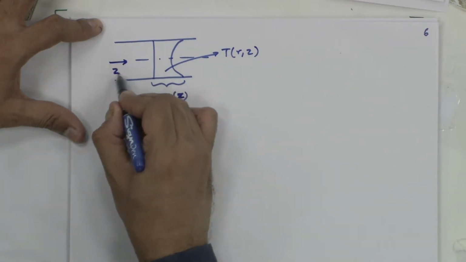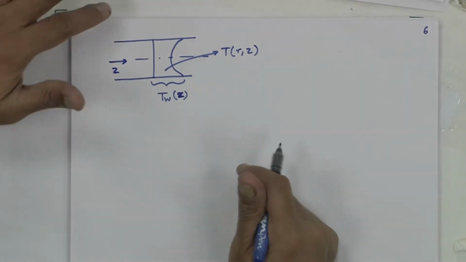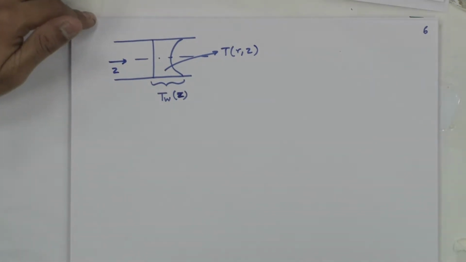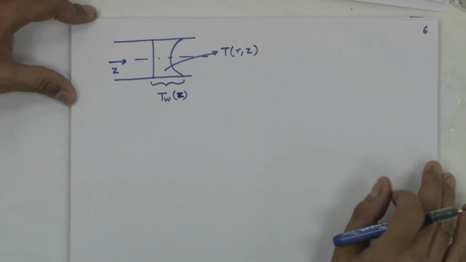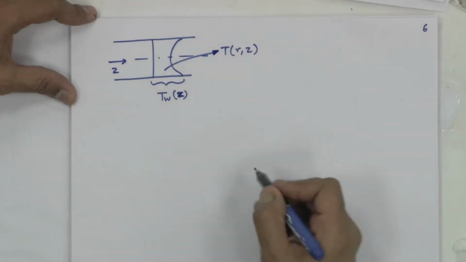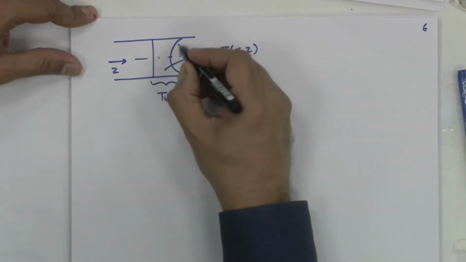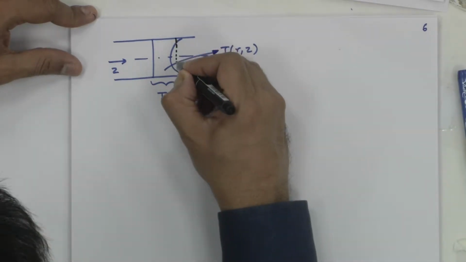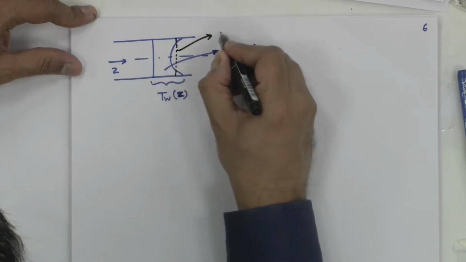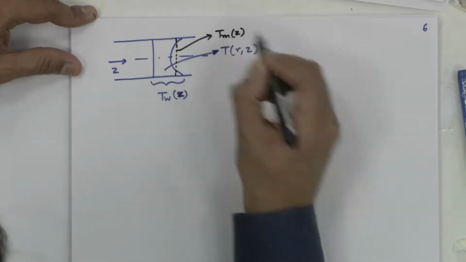Z is the flow direction. I consciously use Z as opposed to X because X can refer to quality in two-phase flow, and since I am a two-phase flow person, I like to use Z here. And this black dashed line is the so-called bulk mean temperature.